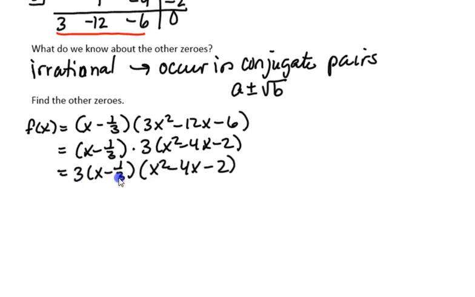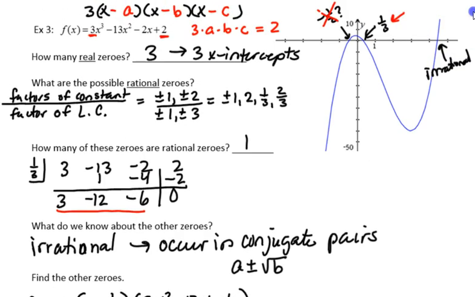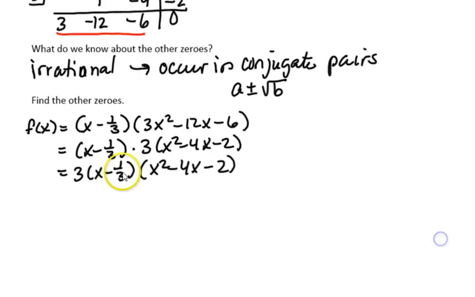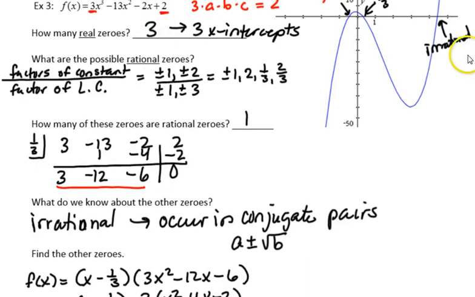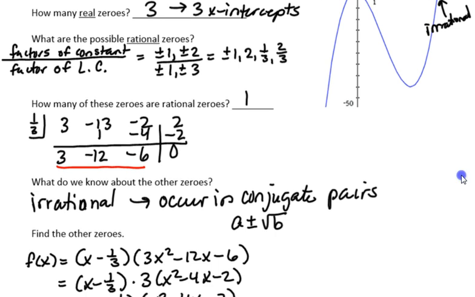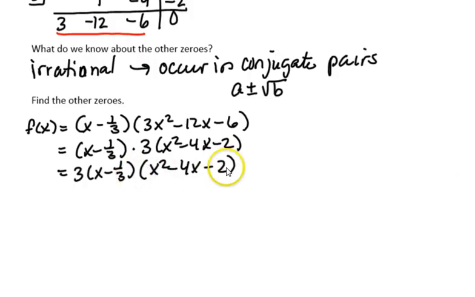So 3 times -1/3 is -1, times -2 is +2. So that's where we get that from. But these two, we're going to get two things that multiply together to give me that -2. Once again, I need to use the quadratic formula because this does not factor.